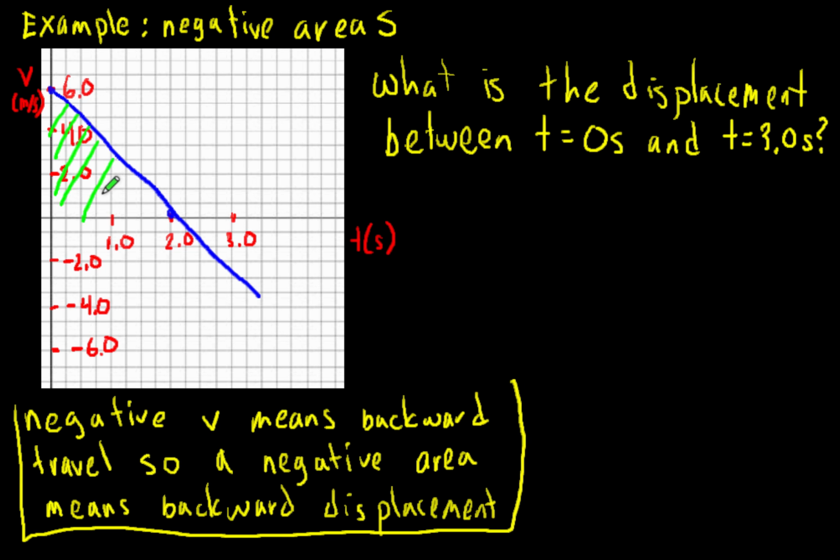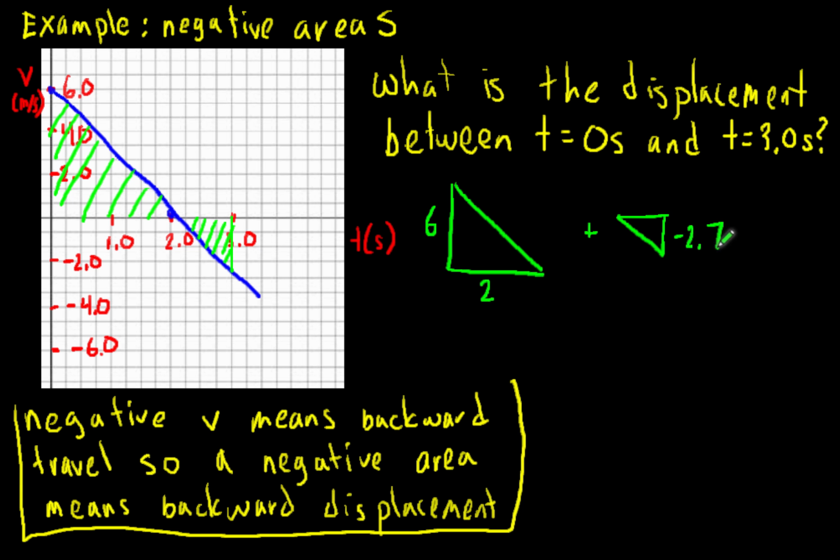We're going to have two triangles. The first triangle is a positive area, and the second triangle is a smaller negative area below the x-axis. We add these two areas together, but make sure you include the negative for the velocity.